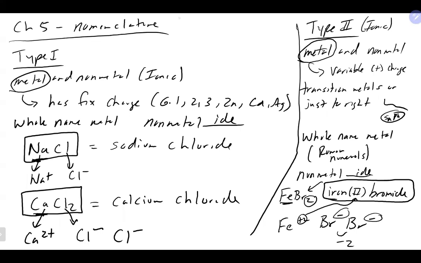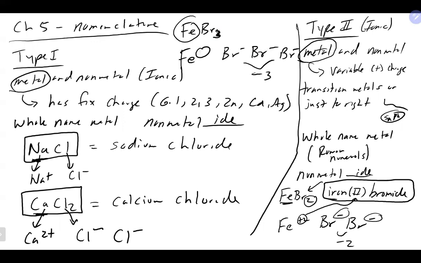And that is different than if you had FeBr3. Once again here, this iron could have a variable charge. There are 3 of these Br minuses. Gives us an overall -3, which means the iron here would be +3. And this would be iron Roman numeral 3 bromide in this case.